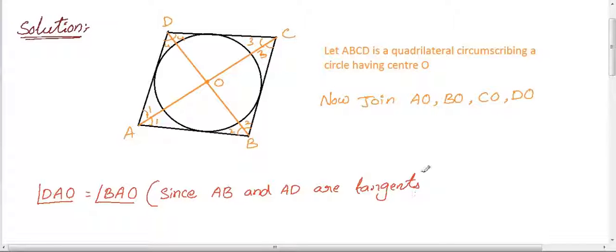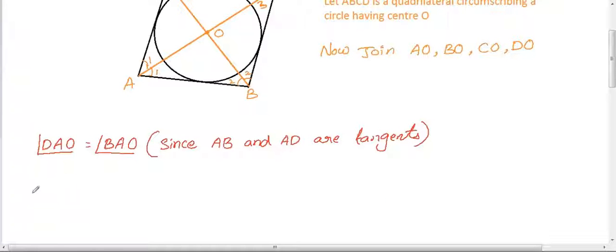So we can say that the angle DAO is equal to angle BAO, which is equal to 1.